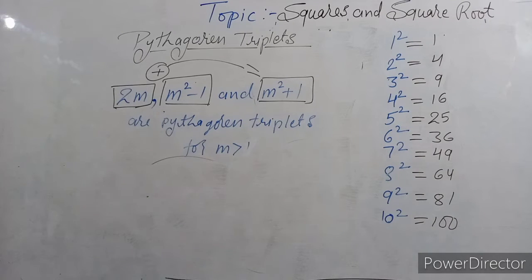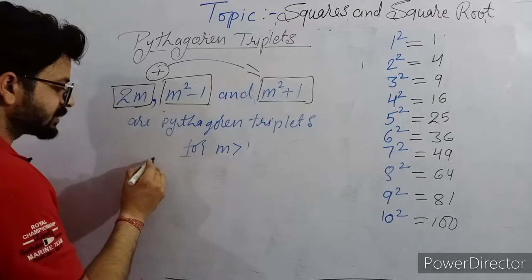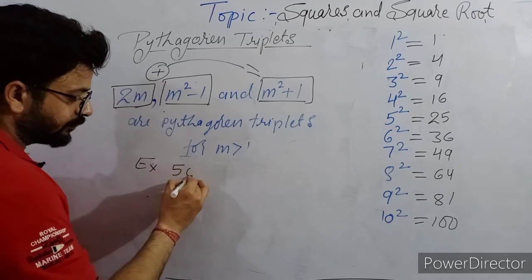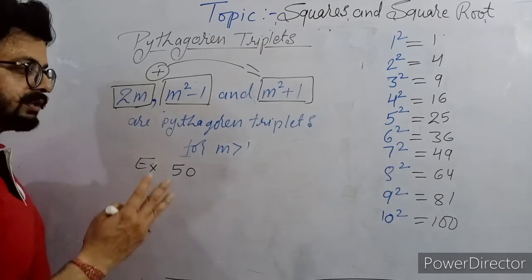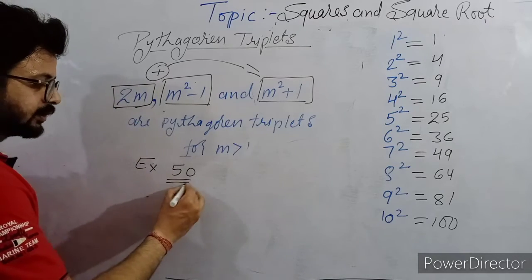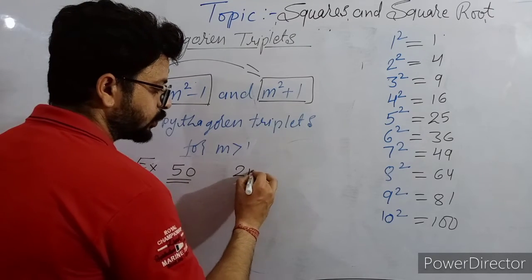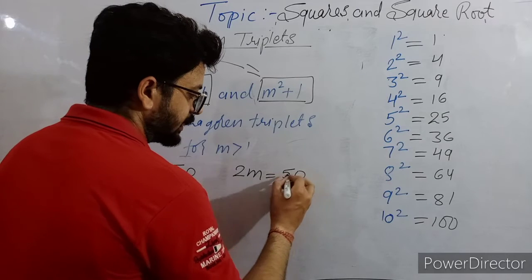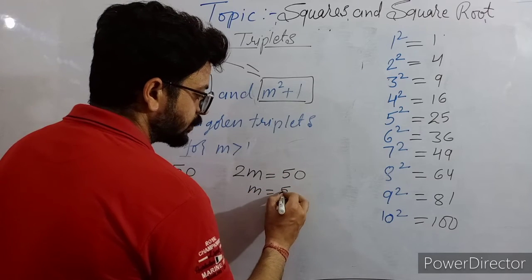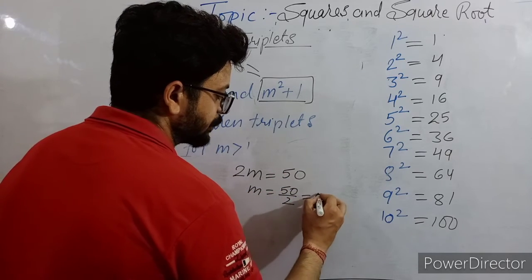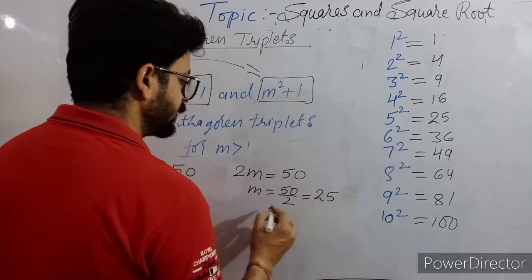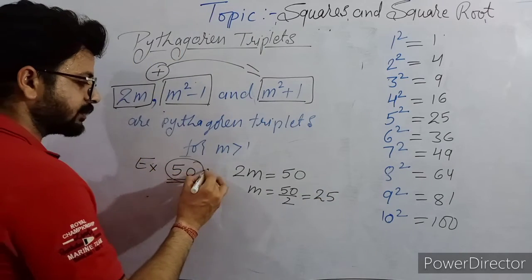One more example. Suppose the number given is 50. Now we need to calculate the other two numbers of the Pythagorean triplet. As I already told you, we equate this 50 with 2m. Now m is equal to 50 by 2, which is 25. We already have the first number.